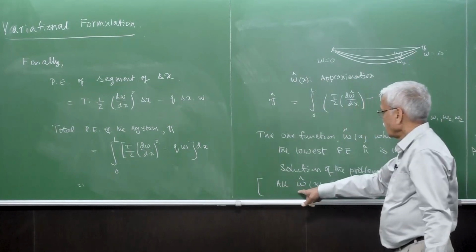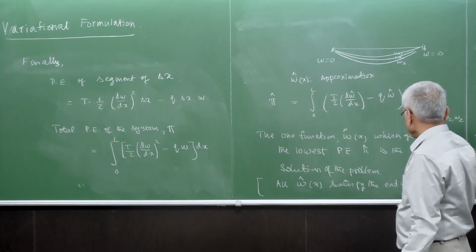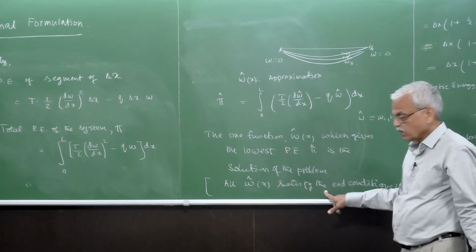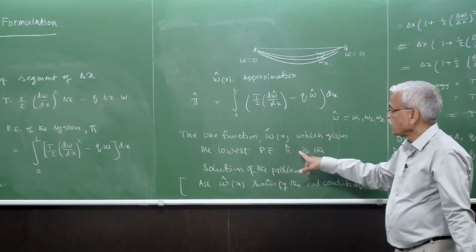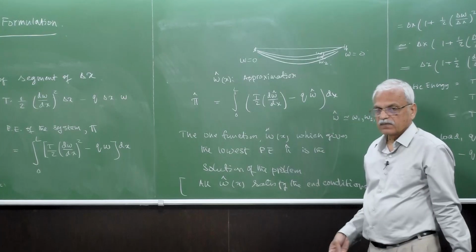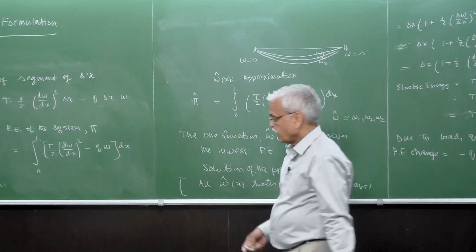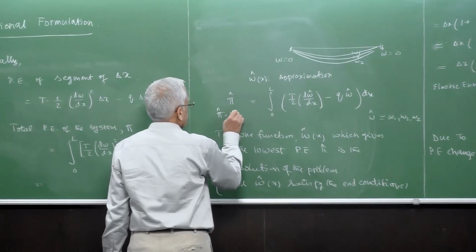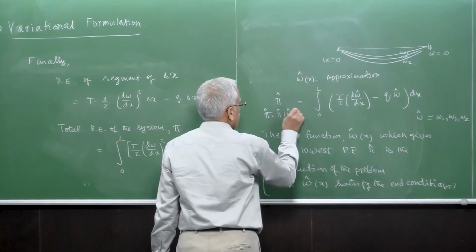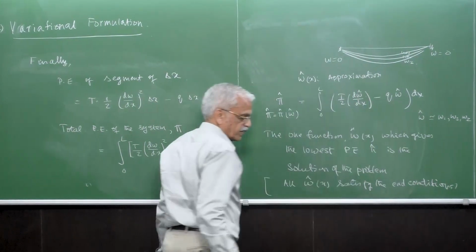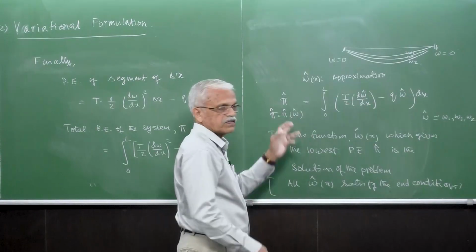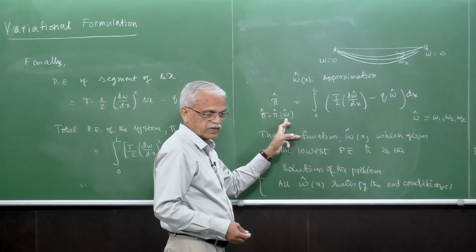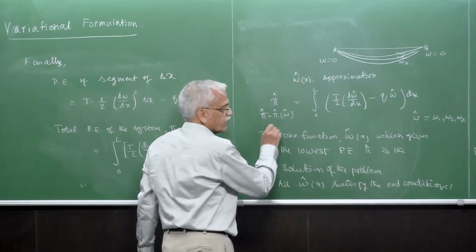So remember, these W hats which satisfy the boundary conditions are called admissible functions. And another small thing here, this pi hat, which we call the potential energy. So what is pi hat? Pi hat is actually a function of W hat. So that means that putting these different W hats, we are going to have different values for pi hat. So pi hat is a function of W hat, and then this is a function of function.